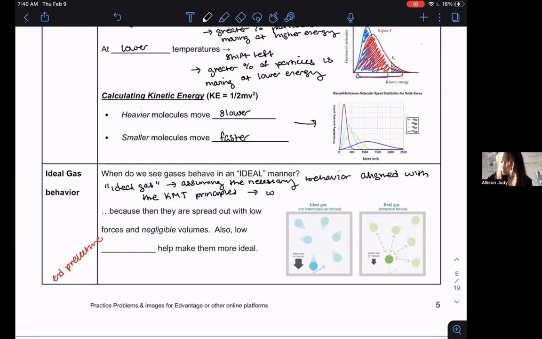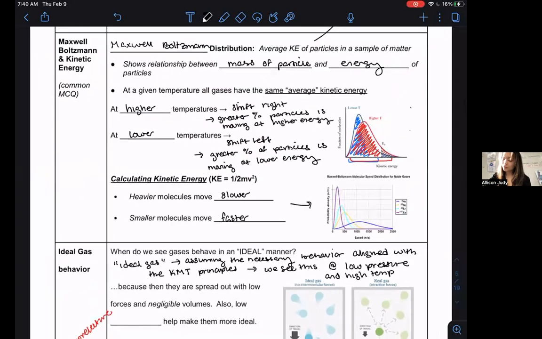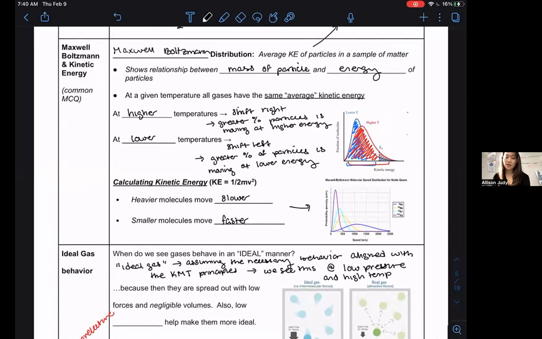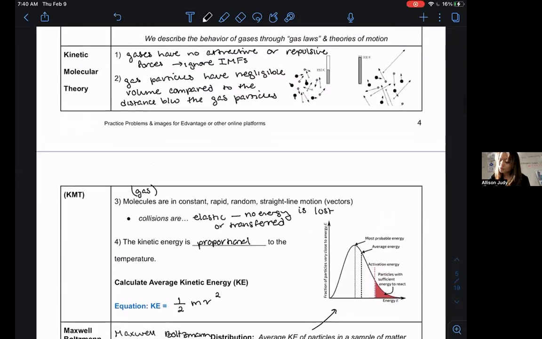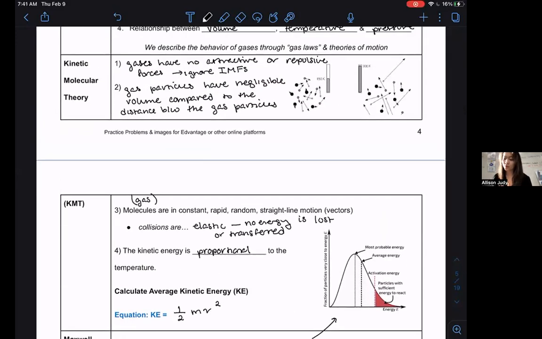We see this at extremely low pressures and high temp environments, which, by the way, makes sense. If we are in the kinetic molecular theory, our basis for the ideal gas law that we'll talk about tomorrow, our basis for developing a mathematical relationship between volume, temp, pressure, and amount of gas, and if we look at our postulates, we are assuming that gases have no attractive force.